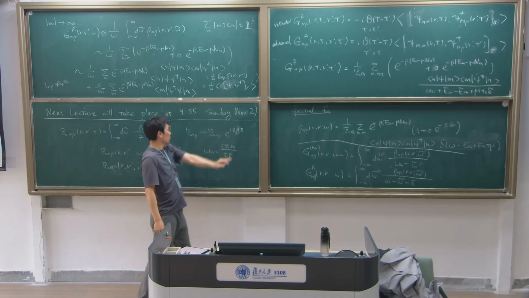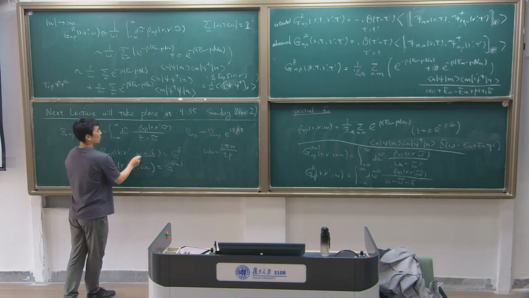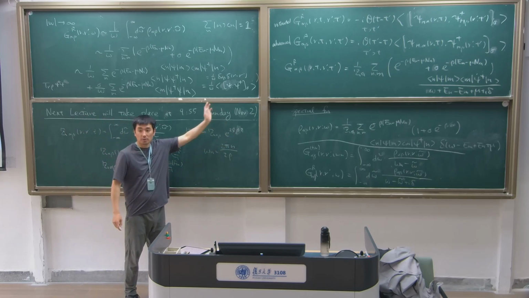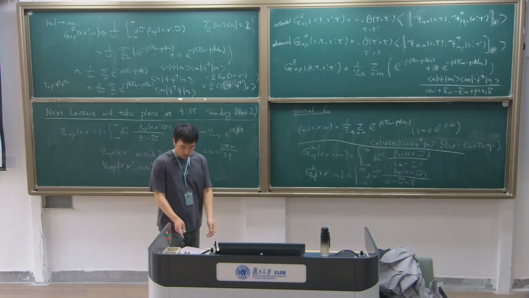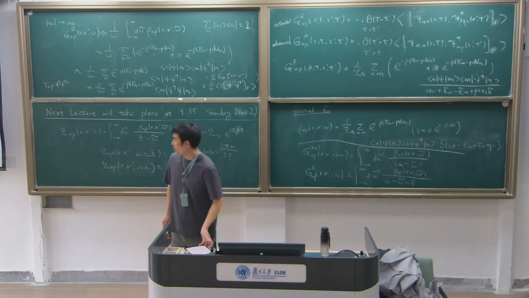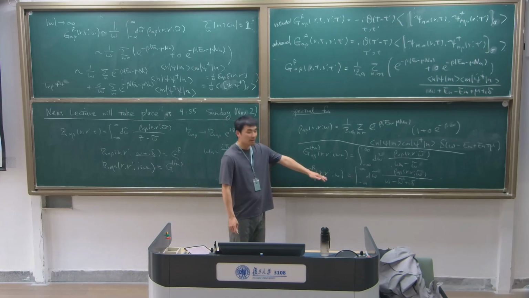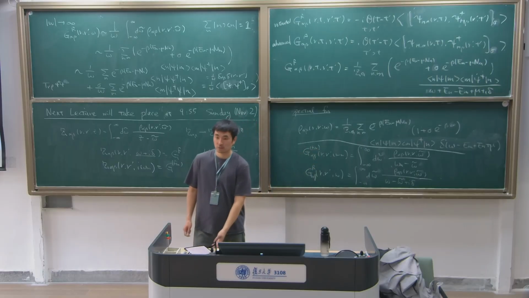To get the delta function, you plug this one into here, a delta function when omega equals 0. So this ambiguity will be removed. In any case, what I wanted to say is that the reason why I introduced the retarded Green function is because you can analytically continue the retarded to the finite temperature Green function.